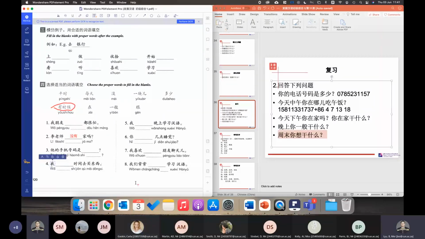Number 4, 我什么时间去买东西. Miss Phyllis, do you want to try? Miss Gomez? Miss Kelly?